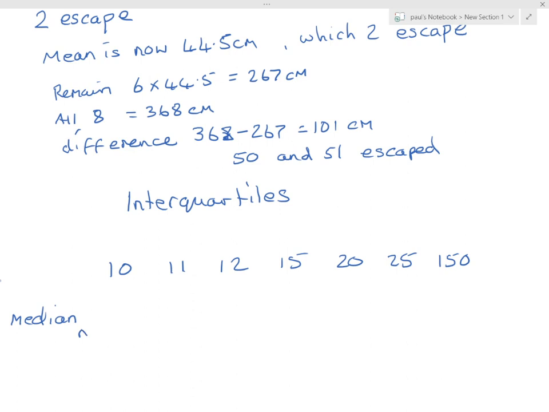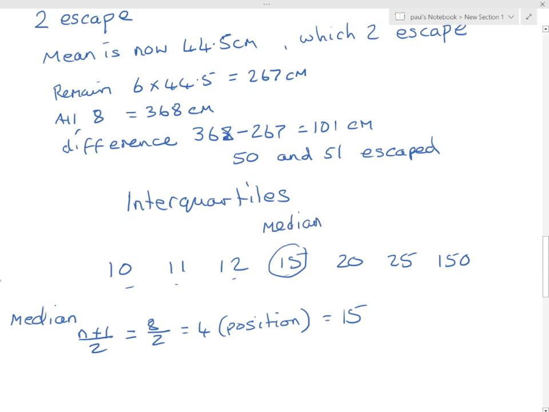So we've got n plus 1 over 2. 1, 2, 3, 4, 5, 6, 7 numbers. So that's 8 divided by 2, which equals 4. And that's the position, which is 1, 2, 3, 4, which equals the number 15. Ring round the number 15. That's the median.